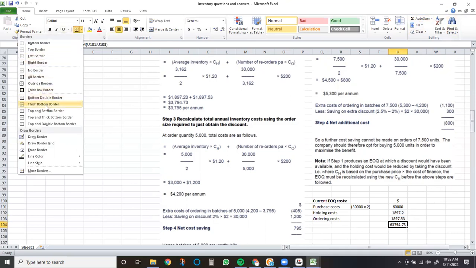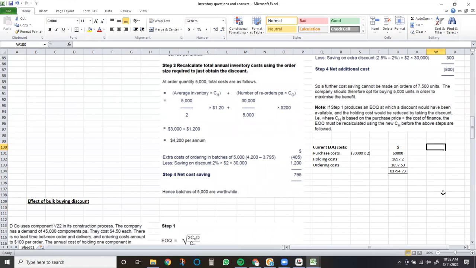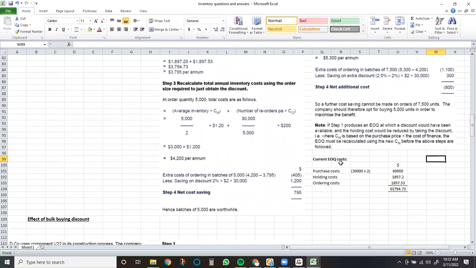Now, to compare that, we already determined that the 7,500 was out, so we compare that with the 5,000.